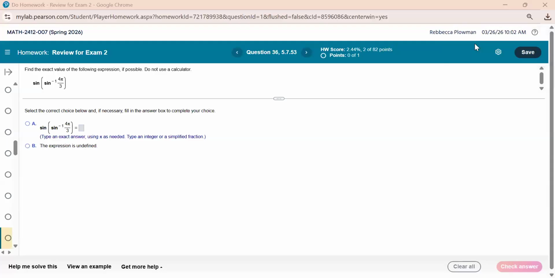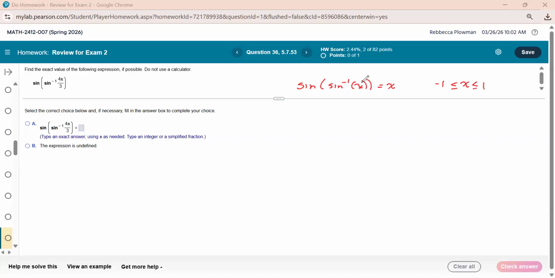So this is a different situation. Now the sine is first and your inverse is inside. So this has a solution, as long as whatever that x is is between -1 and 1.